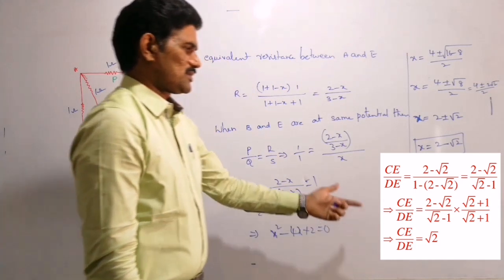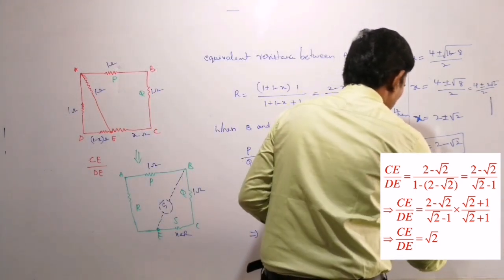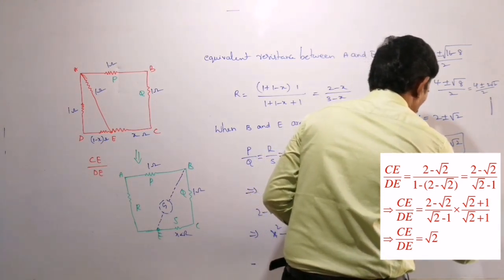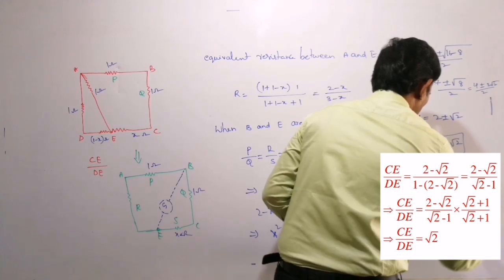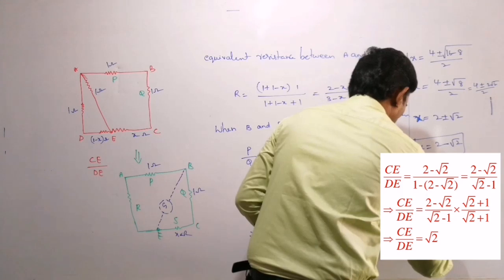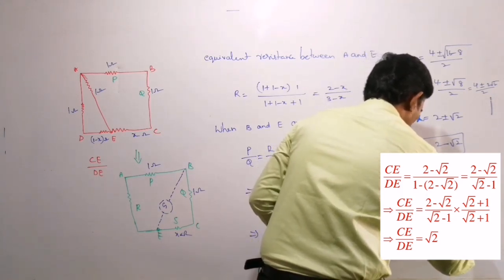So if you are rationalizing this, CE by DE is equal to 2 minus root 2 by root 2 minus 1 into root 2 plus 1 by root 2 plus 1. So on simplifying this numerator, you will get 2 root 2 plus 2 minus 2 minus root 2 by 2 minus 1.